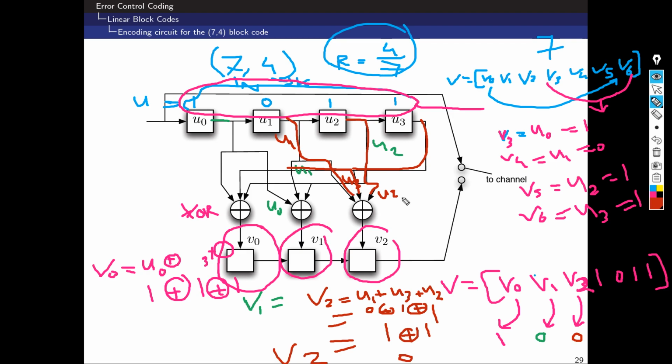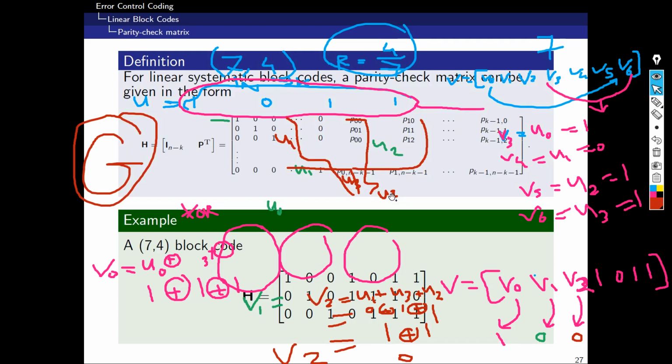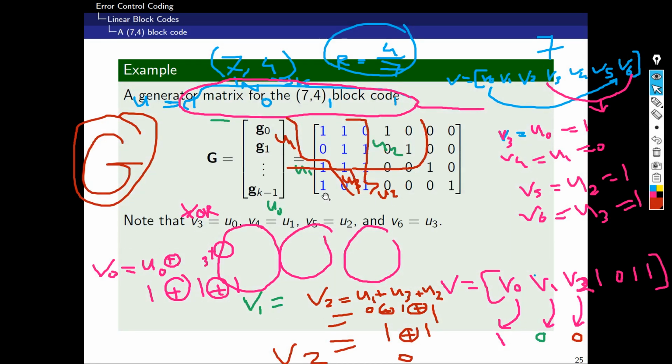To check whether it's right or correct, note that this circuit is built using the generator matrix G. Yes, not H, G. So let's go back to the slides. You don't look at this slide. You look at this slide.